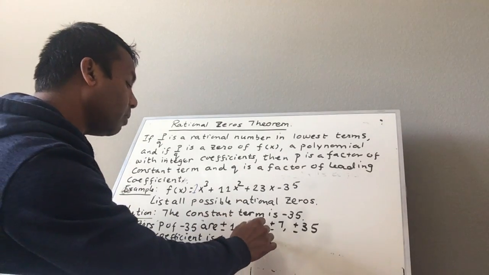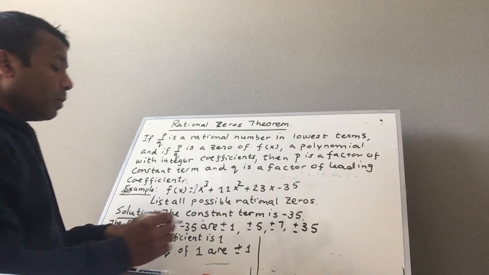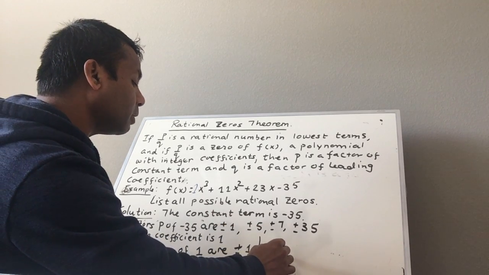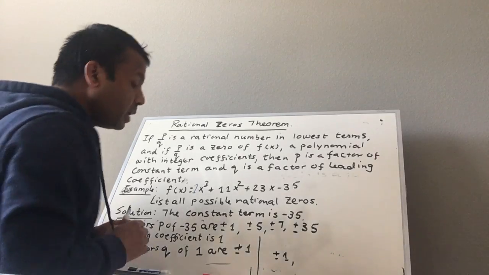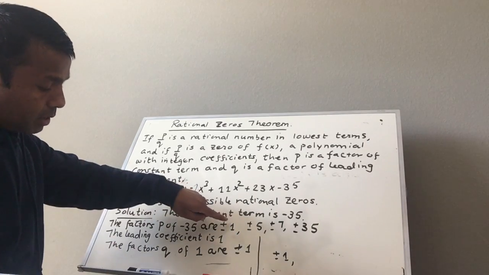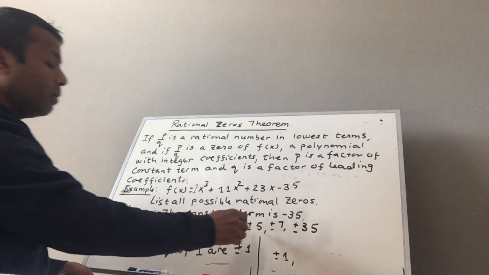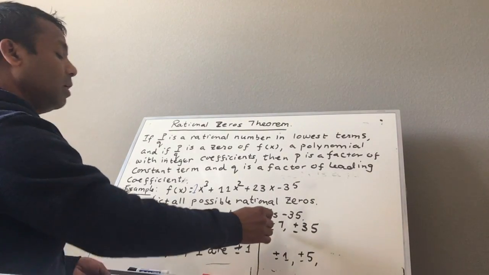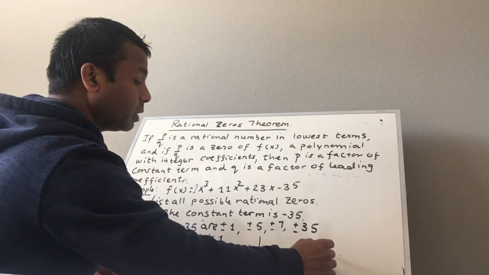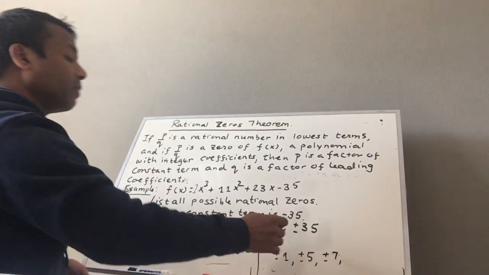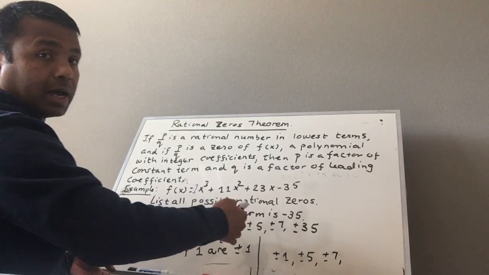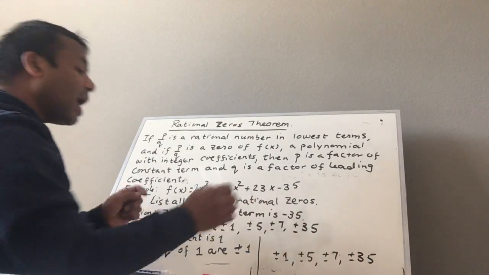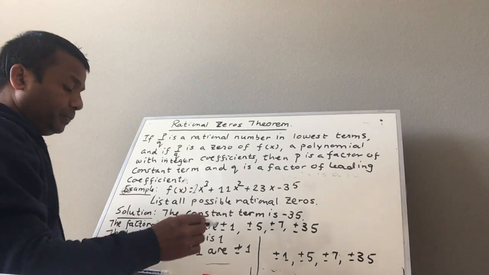If you divide plus or minus 1 by plus or minus 1, you get plus or minus 1, the combination of P over Q. Plus or minus 5 divided by plus or minus 1 gives plus or minus 5. Plus or minus 7 divided by plus or minus 1 gives plus or minus 7. And plus or minus 35 divided by plus or minus 1 is plus or minus 35. So these are the possible rational zeros.